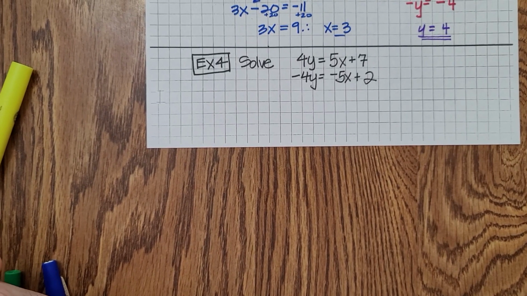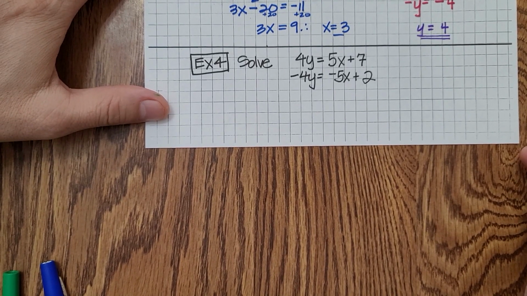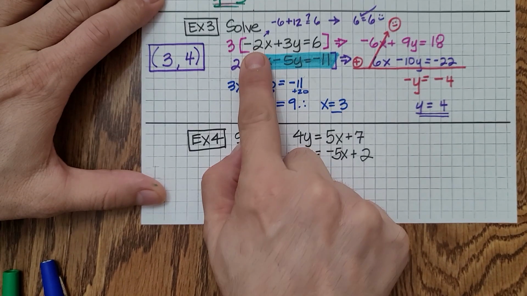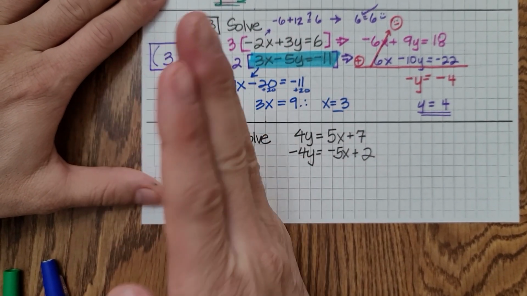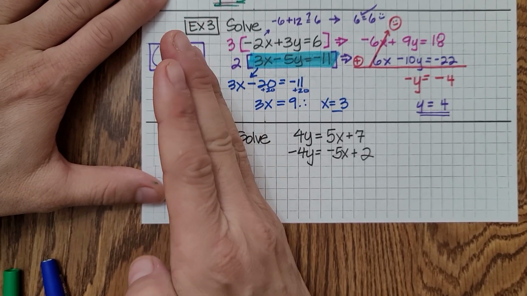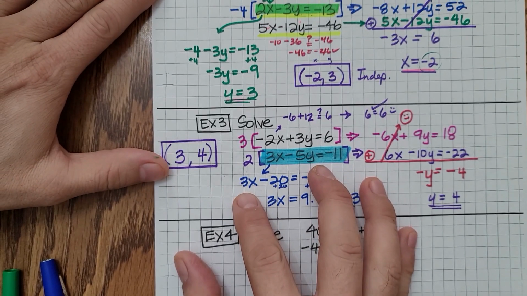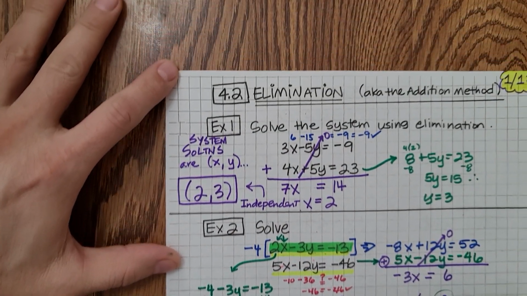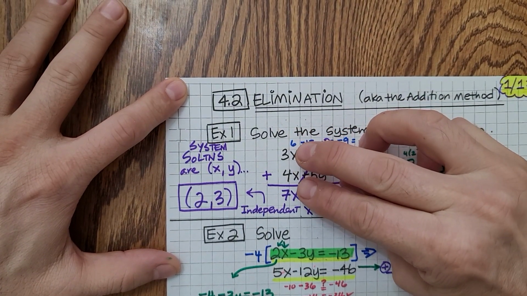What I wanted to talk to you about here: every problem so far has been in standard form, with the exception of this equation here, because that should not have been a negative. There is no absolute rule that says they have to be in standard form. It's just super convenient if they are, because then you have the vertical alignment.